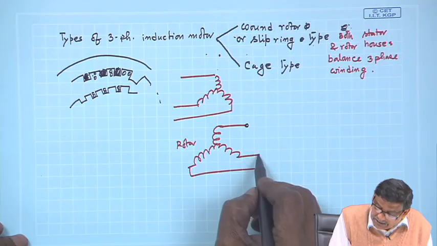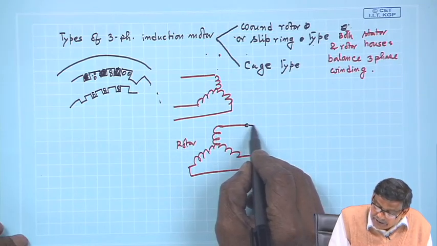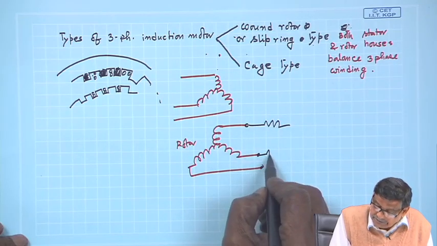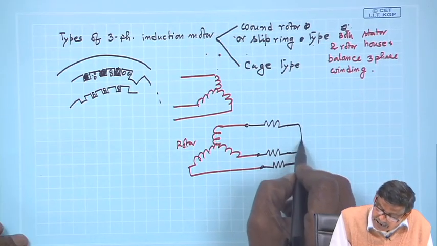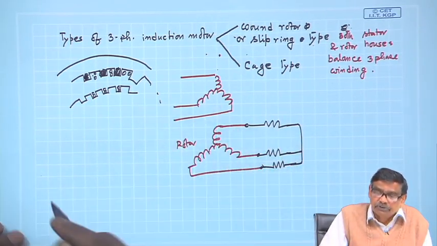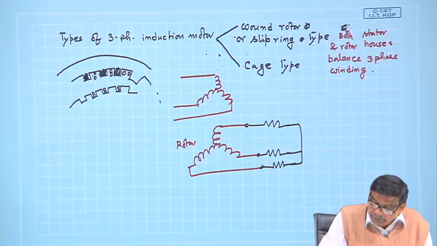So, these terminals are available to you and you connect some resistance to improve the starting torque and then short it. Rotor should be closed, otherwise how will the rotor field be produced?